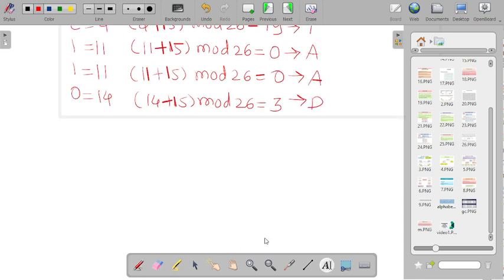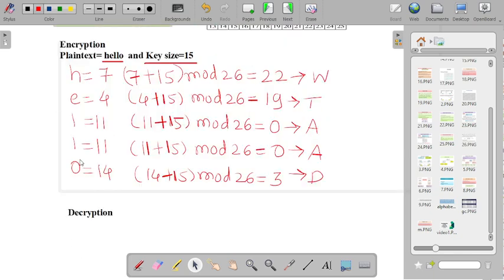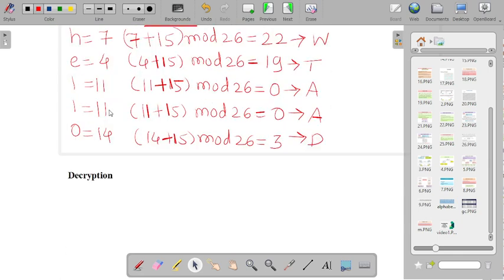Now we have to begin with our decryption process. So how do we perform the decryption? As per our formula, ciphertext minus key mod 26.